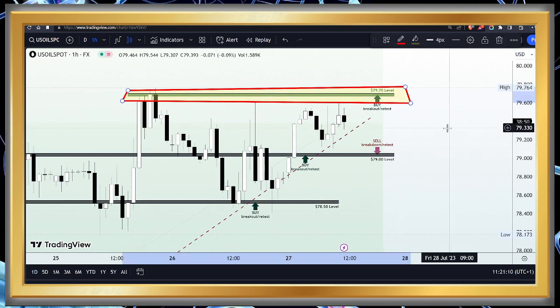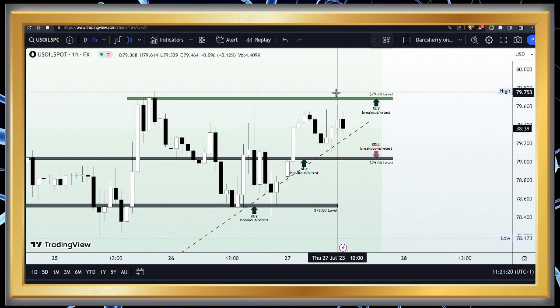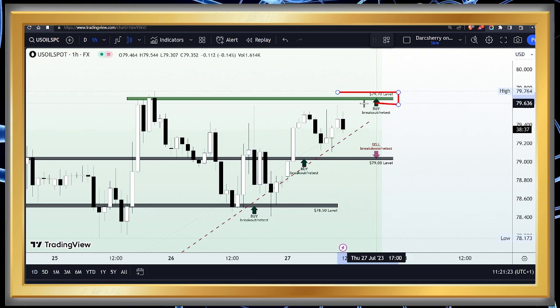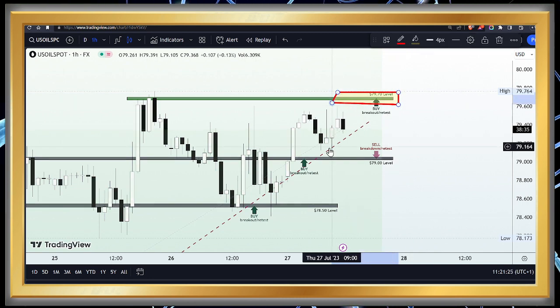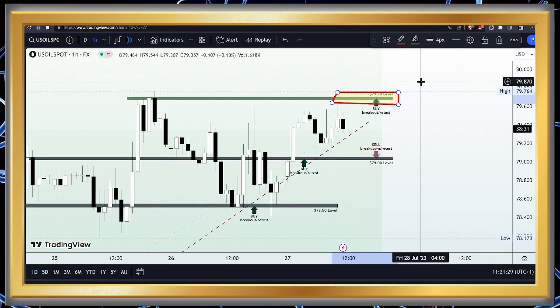So for those who have been profitable on the US Oil Spot this week, you can afford to leverage some of the profit you have made so far to test waters around the $79.70 level to capture an uptrend continuation. So in that regard, let's have a buy stop order anywhere above the $79.70 level to test waters and see if the buy position there will click.